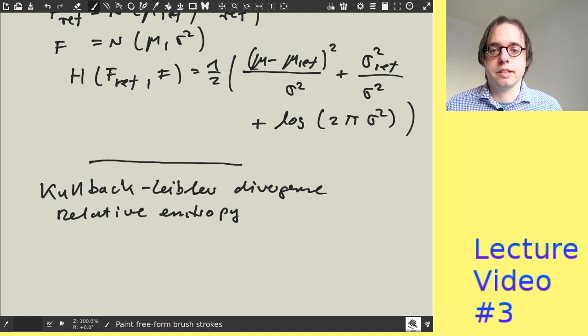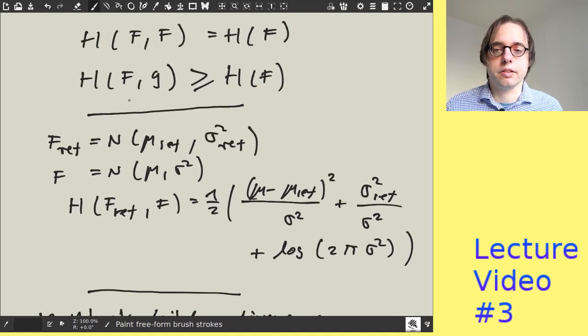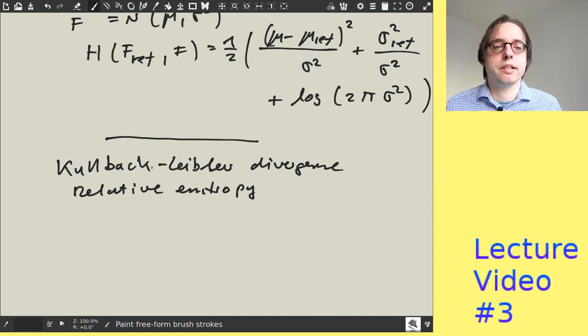And I've told you that the cross entropy is always larger than the entropy. Now the idea is, can we combine those two to get a quantity that has some really nice properties? In particular, we would like a measure that allows us to compare distributions directly.